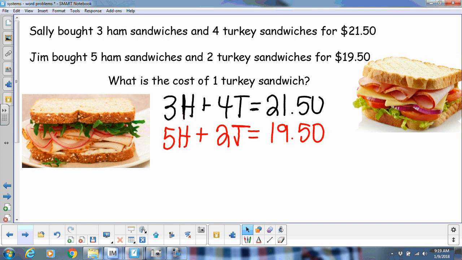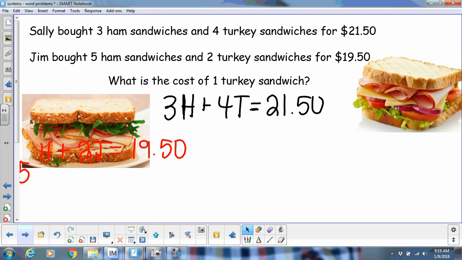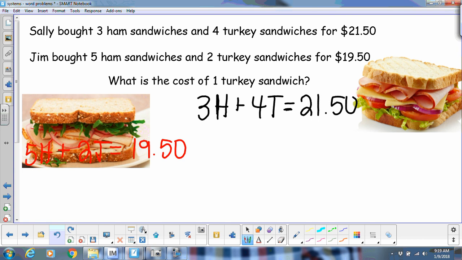If he multiplies the bottom by negative 2, what does that give us? Put that over here. That gives me negative 10h, negative 4t. It's 19.50 times negative 2.